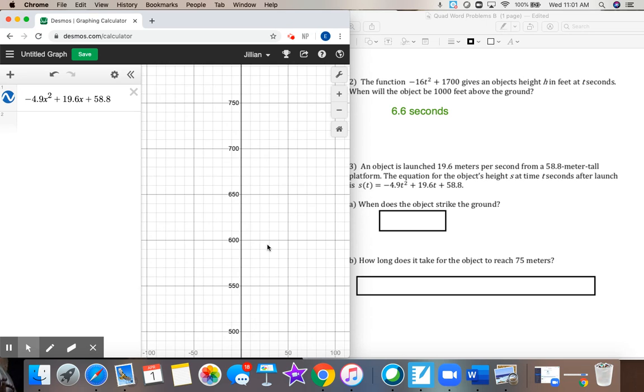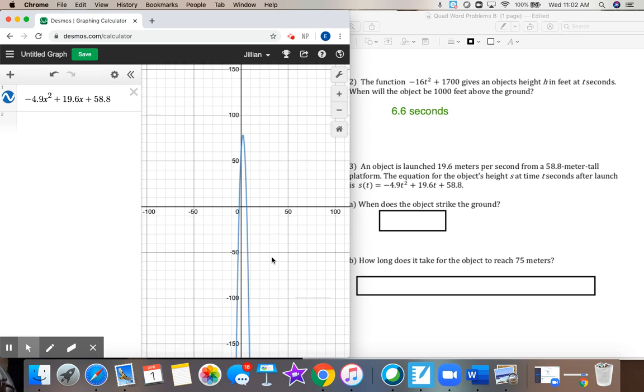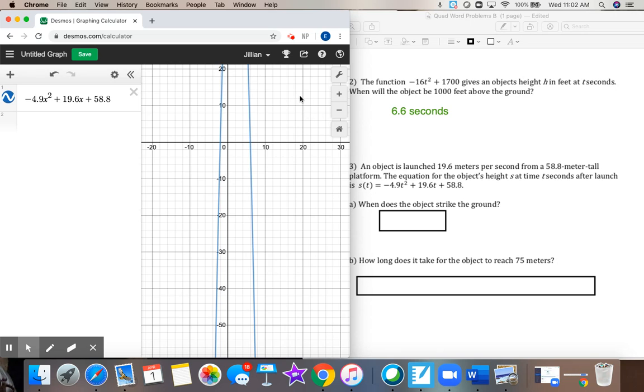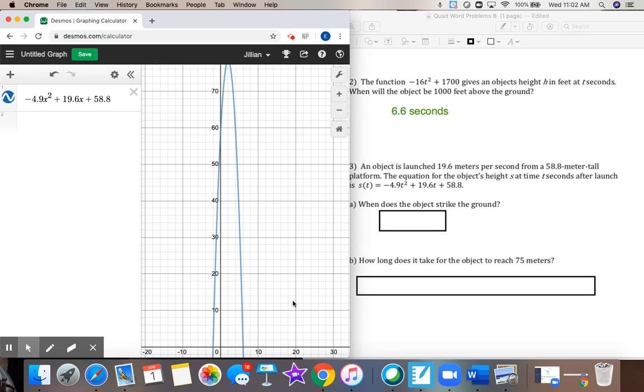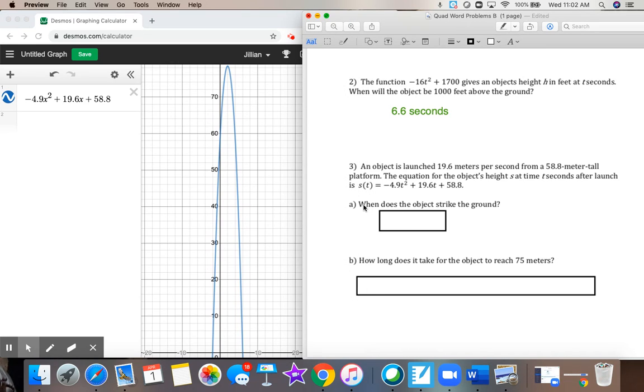Come way down here and zoom in. So this is our graph. This is our parabola. The first question it asks is, when does the object strike the ground? So we're looking for how many seconds until it strikes the ground. How high is our object when it strikes the ground?